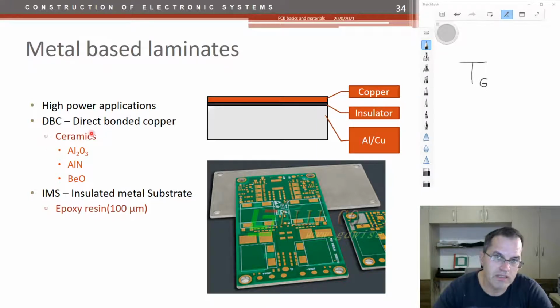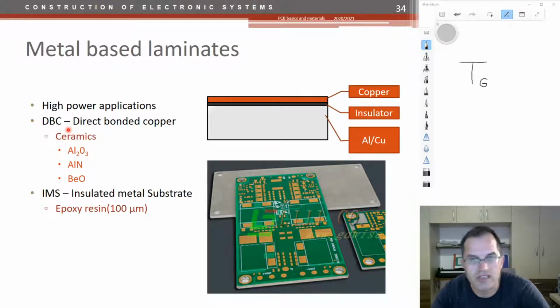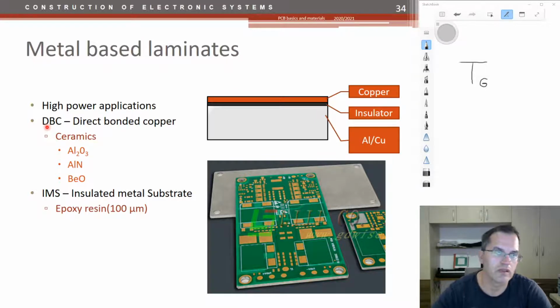These are expensive and have better thermal properties because the ceramics does not melt at 120 degrees, while epoxy resin would start to leak at those temperatures. But these are cheaper, of course. So the cheapest would be the copper IMS with aluminum base. And expensive would be, of course, the direct bonded copper, but it would work at higher temperatures.